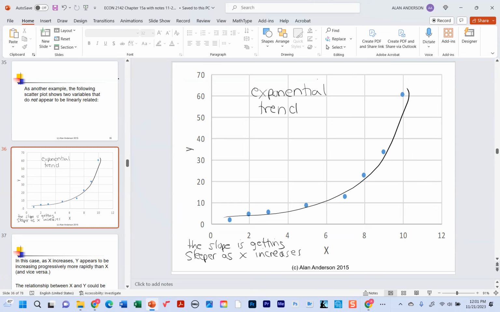So if this is the data that we have, we should not use the traditional simple linear regression model, because if we do, the results will not be very useful. Now, that doesn't mean there aren't ways we can get around that, but we will not be doing that here. Okay, it does complicate things quite a bit. So if we see this on our scatter plot, we stop immediately and say, maybe we should try something different.